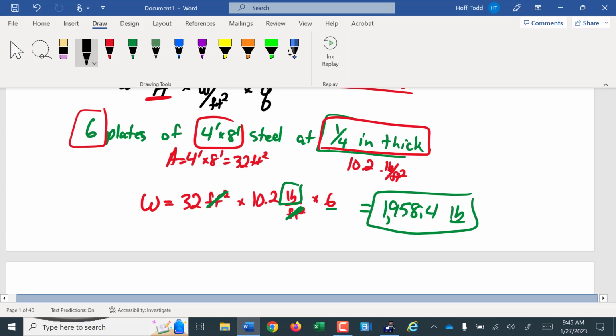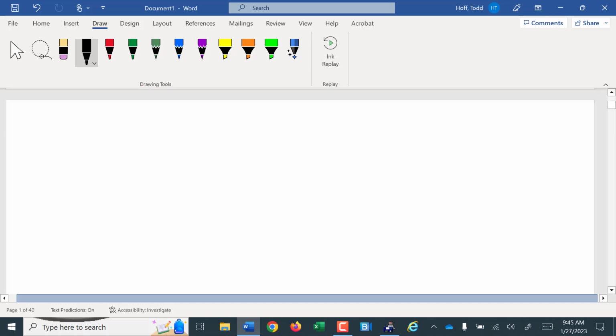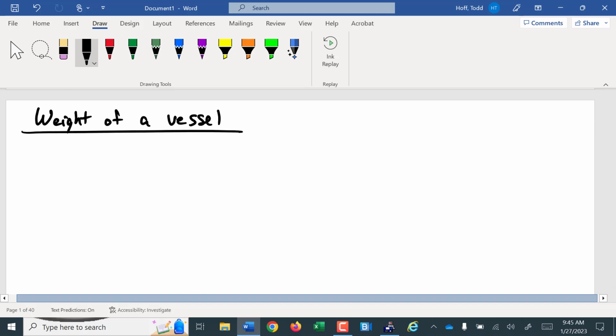So this allows us then to build up to finding the weight of a vessel. By vessel, we're just meaning a container. And what we're only going to look at here is a cylindrical container.